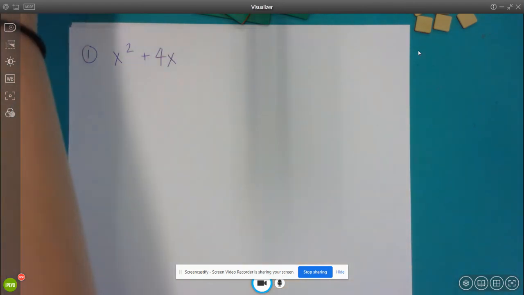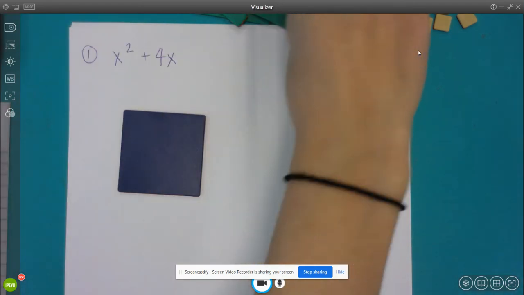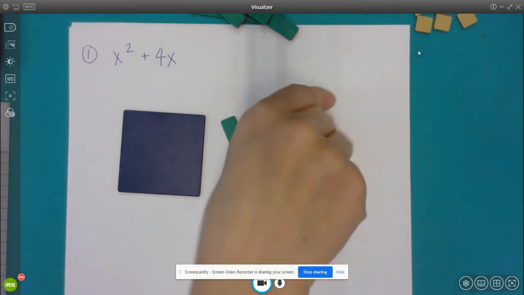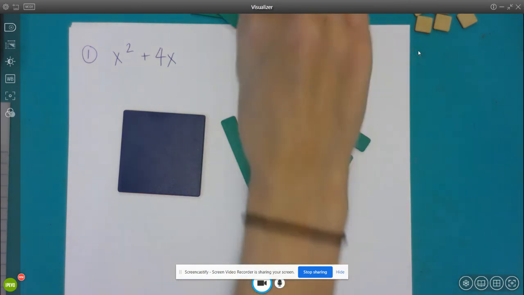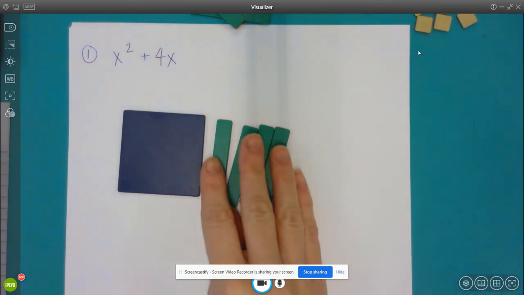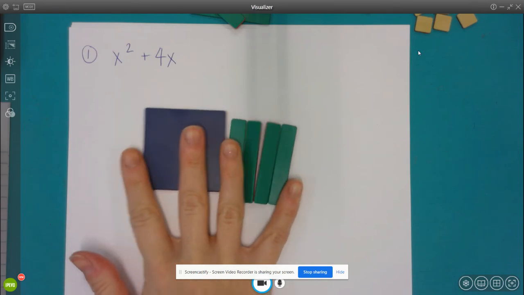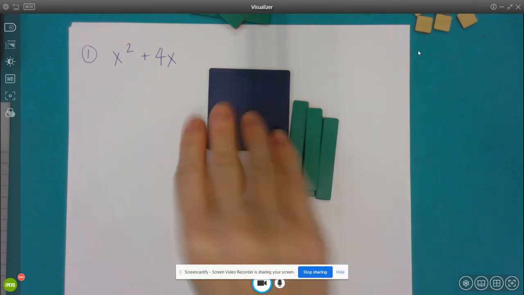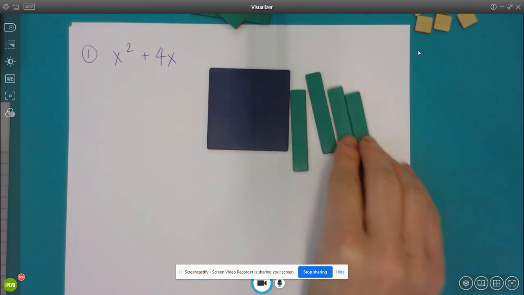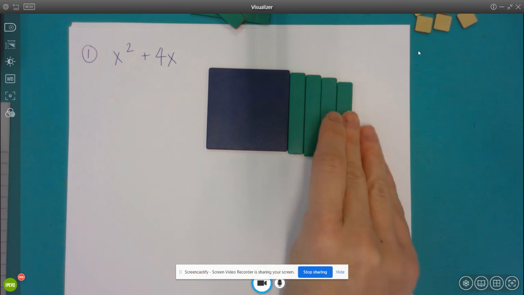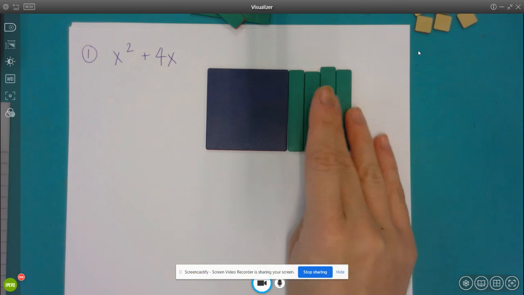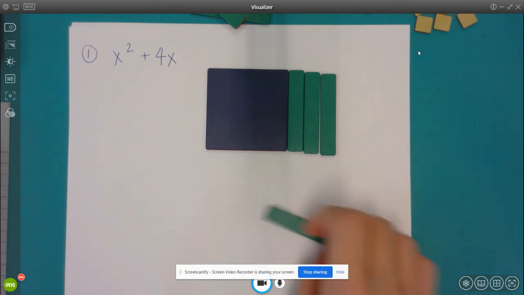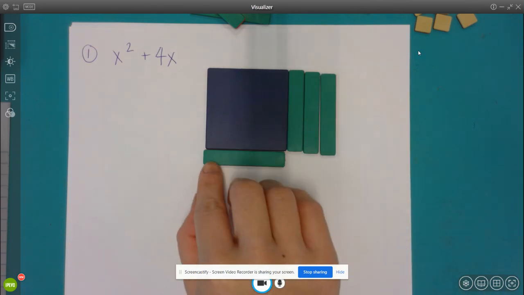So I have x squared and 4x. So my goal is to start to turn this into a square. So I want my length and my width to be identical. So I can't have 4 here and none on the bottom. I can't have 1 here and 3 on the side.